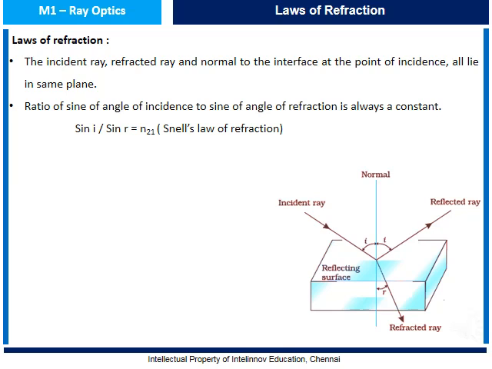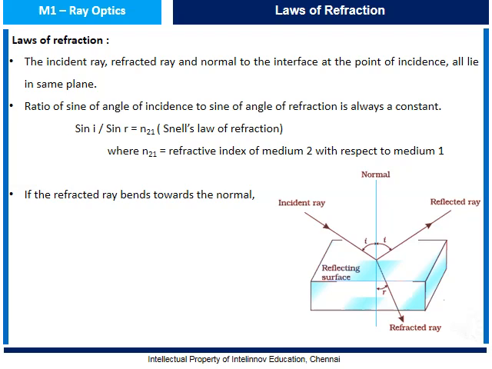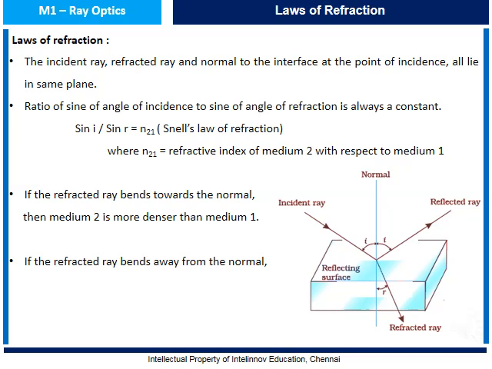Note that N21 refers to refractive index of medium 2 with respect to medium 1. And let us understand some of the key points in laws of refraction. If the refracted ray bends towards the normal, then medium 2 is denser than medium 1. However, if the refracted ray bends away from the normal, then medium 1 is denser than medium 2.